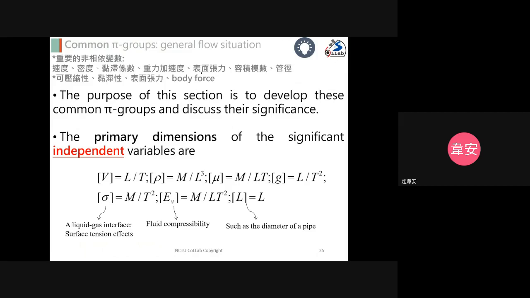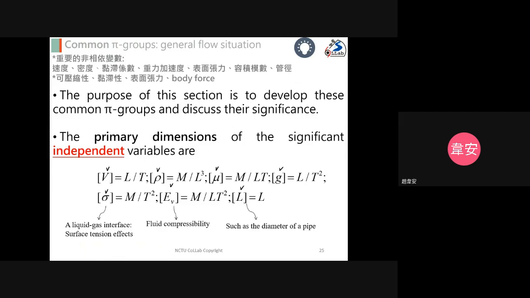So the slide just showing here, I would like to introduce the common pi groups for our hydraulic problems. So there are the primary dimensions of the significant independent variables, such as the velocity, density, viscosity, gravity, the surface tension, and the bulk modulus, and the diameter.